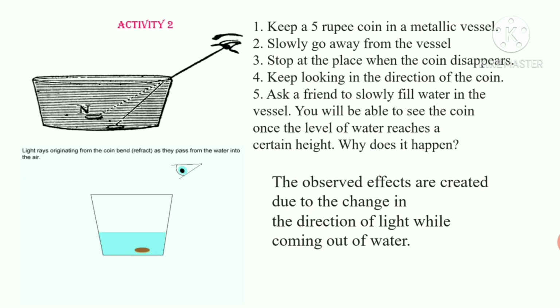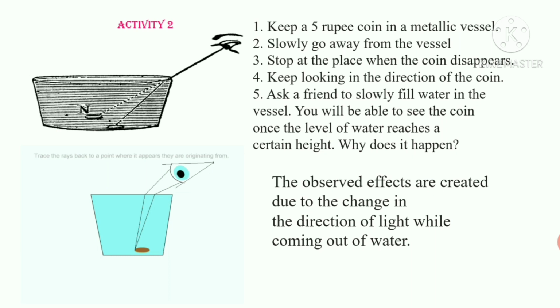Let us study one more activity from the textbook and then come to a conclusion. Keep a 5 rupee coin in a metallic vessel. Slowly go away from the vessel. Stop at a place when the coin disappears. Keep looking in the direction of the coin.